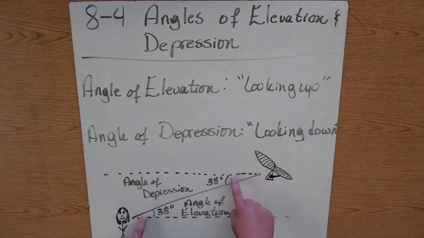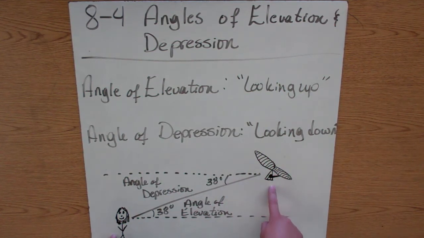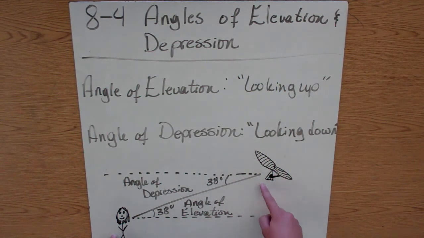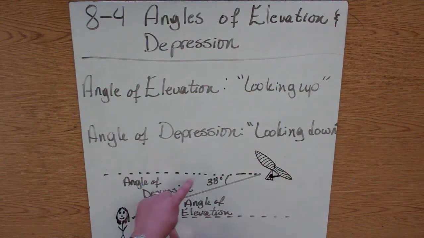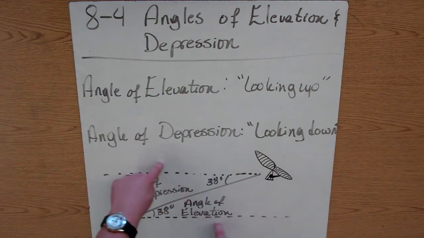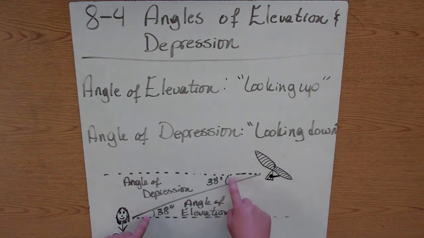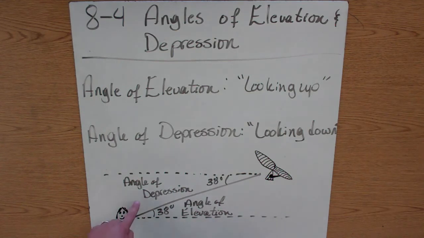So these will be the same. Your angle of elevation and depression for two objects will be the same. Because if you think about it, these lines are parallel, so these are alternate interior angles, so they will always be the same. Since he's looking down, it's an angle of depression. Since she's looking up, it's an angle of elevation.